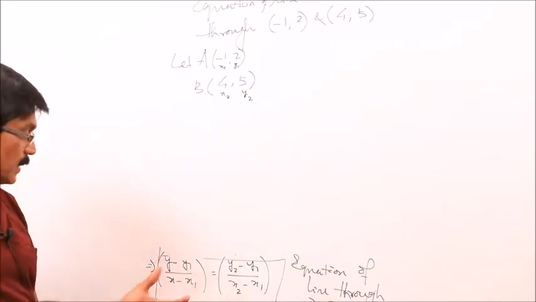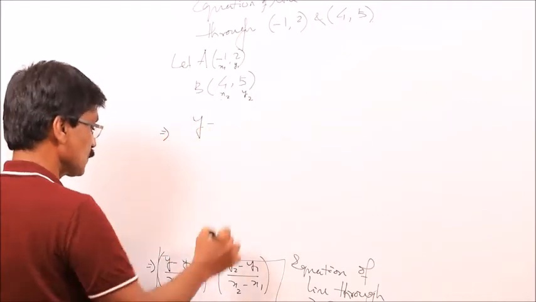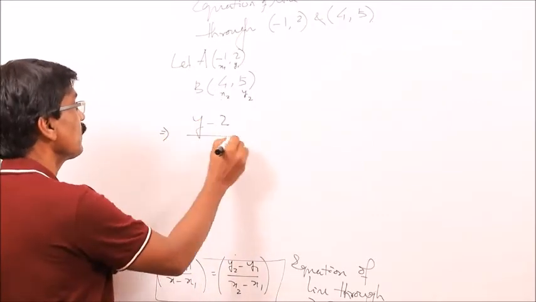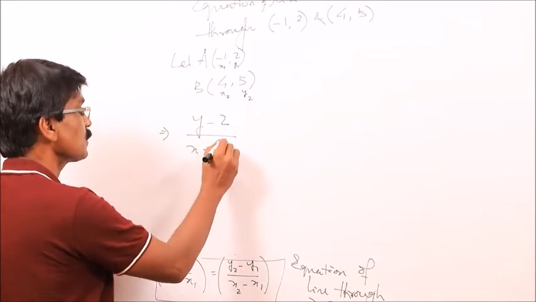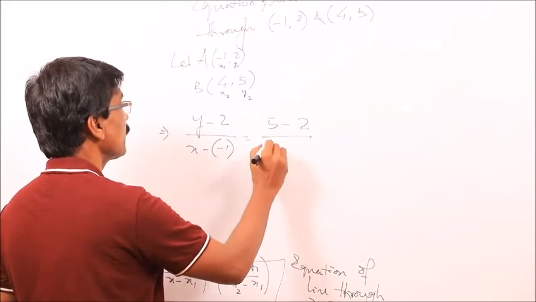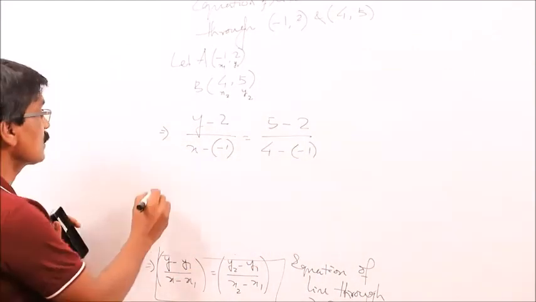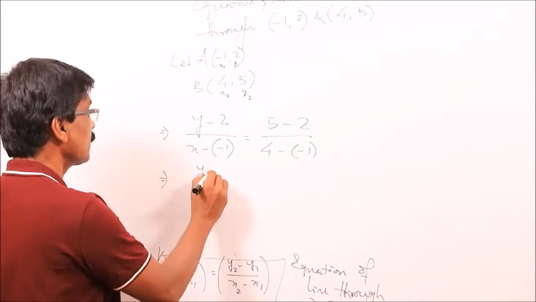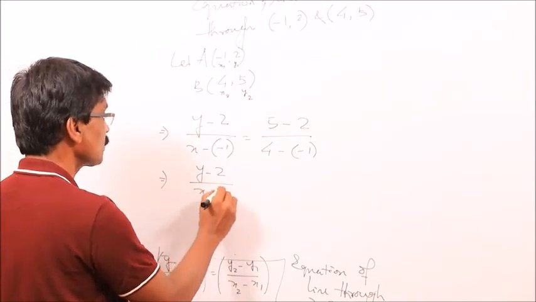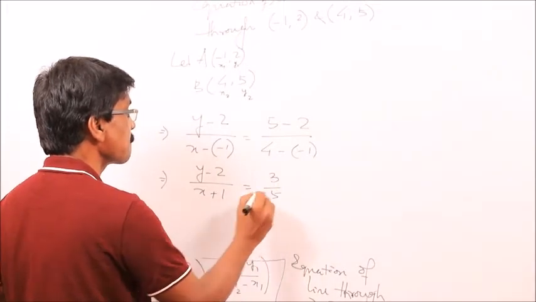So, we can put directly this formula, that is y minus y1, that is 2, divided by x minus minus 1 is equal to 5 minus 2 divided by 4 minus minus 1. So, that is y minus 2 by x plus 1 is equal to 3 by 5.